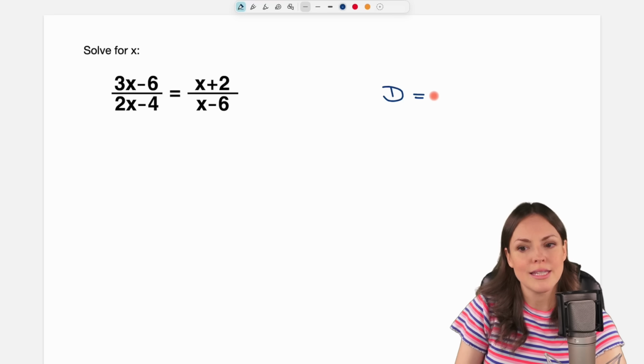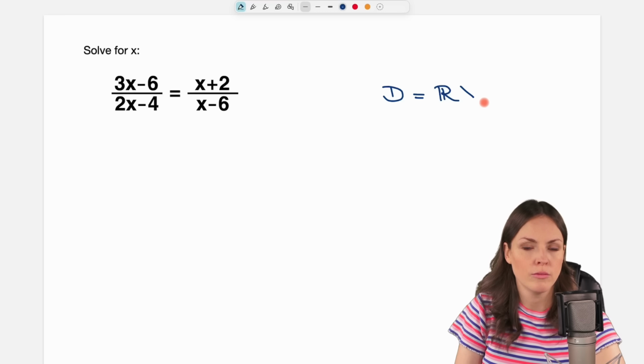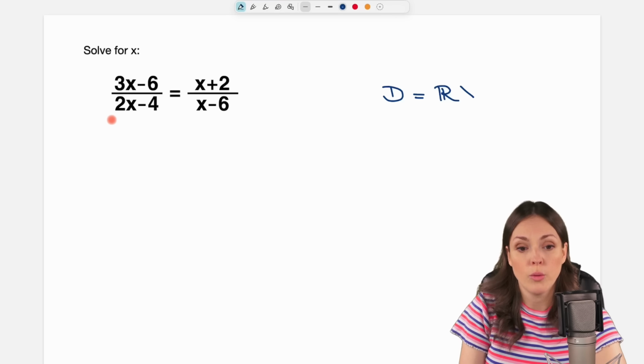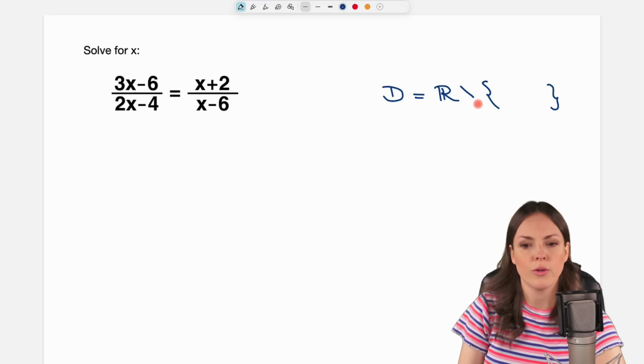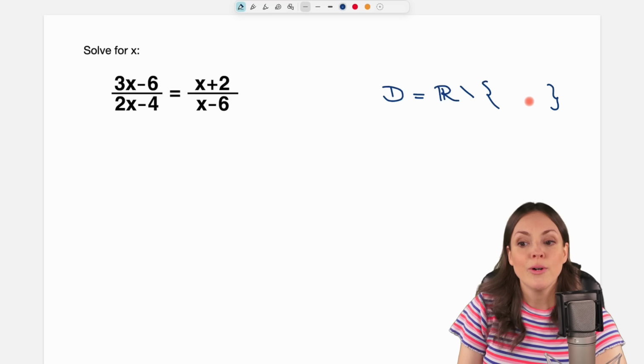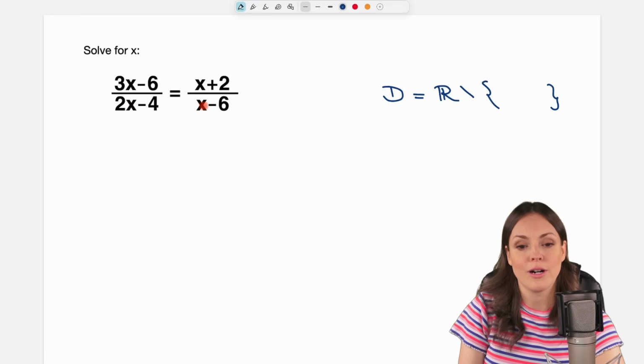Usually the domain consists of all real numbers, but sometimes we have to exclude some of these numbers, and we are going to look for this now. To find these numbers that are not allowed to be inserted for our x, we have to examine the denominators of our equation.